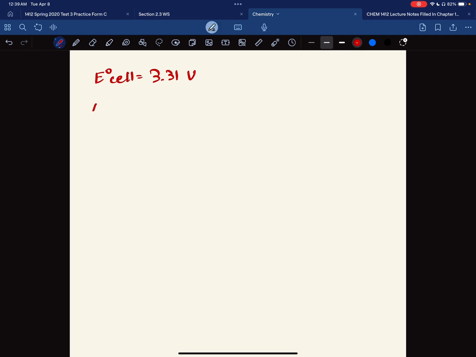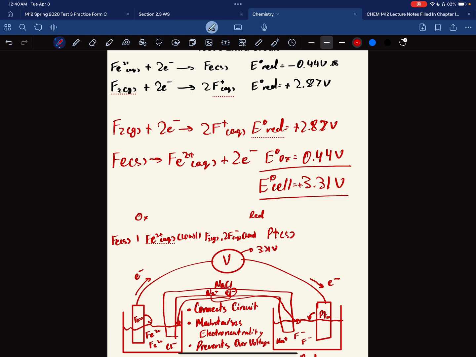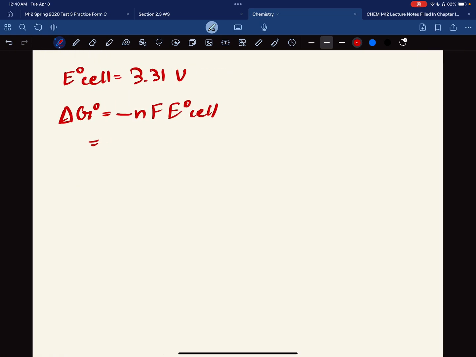Next, we have to find delta G, that is equal to negative moles, Faraday's constant and E naught cell. So in this situation, there are two electrons on each side, so the moles of electrons is going to be 2.